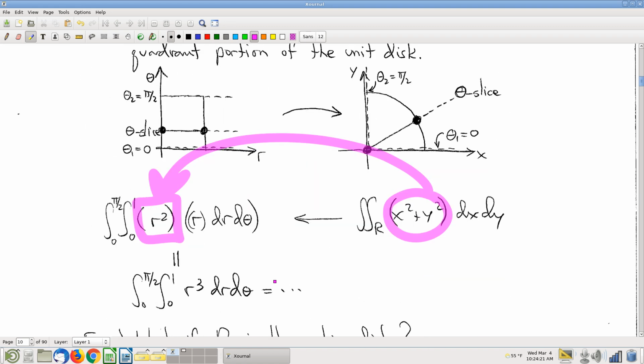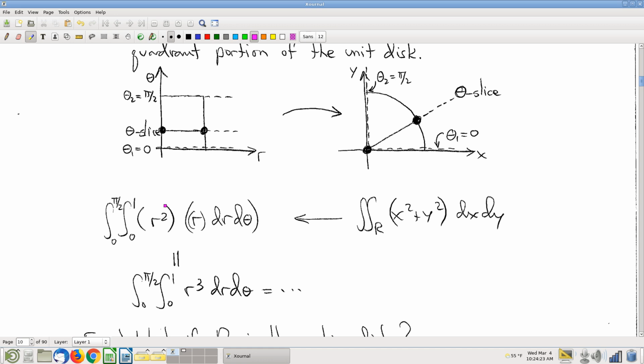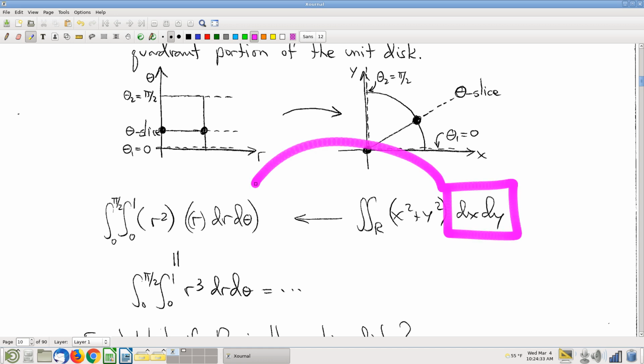The other thing I want to point out, and a lot of students get confused on this, there's a misunderstanding of sorts. But of course, it is a very big deal that we replace dx dy with r dr d theta. Again, I have encouraged students to think of this as a single thing.